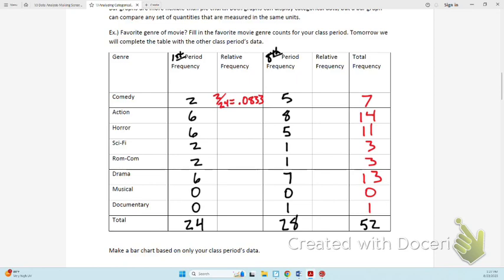And for the comedies for 8th period, I'm going to go 5 divided by 28. And I get 0.1786. So one more time, and then I'm going to pause it and fill it all in, is 6 divided by 24 gives us 0.25.